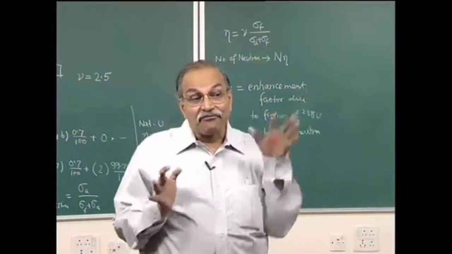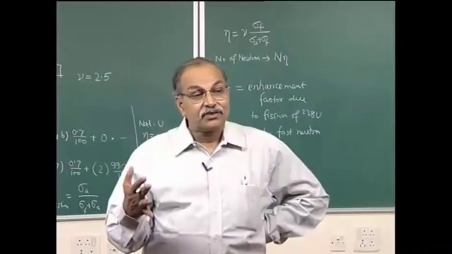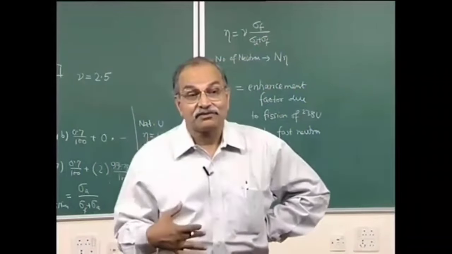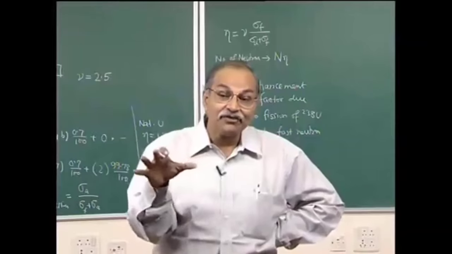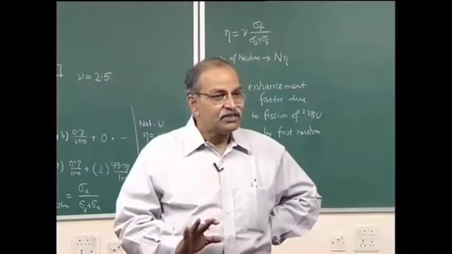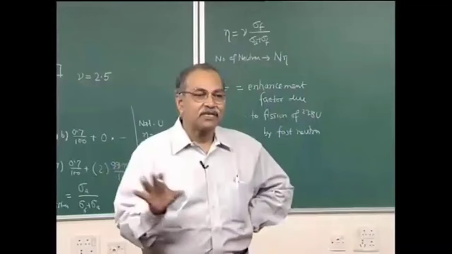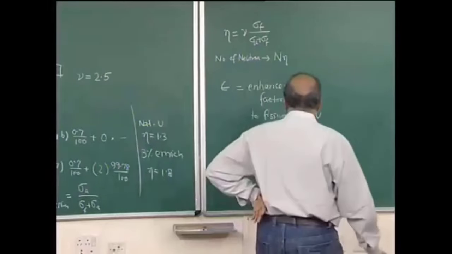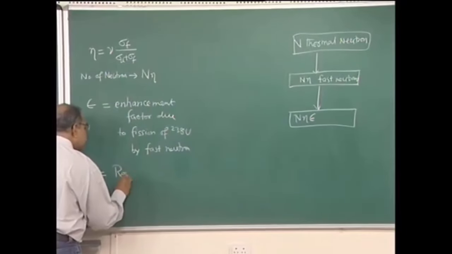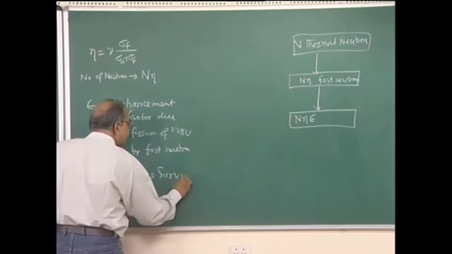So, not all of them will be thermalized. So, there will be a factor. How many of them survive? Typically some 90%, 95% survive, but still 5%, 10% neutrons do get trapped into that resonance region. So, that is p, the resonance survival factor, you can call it.